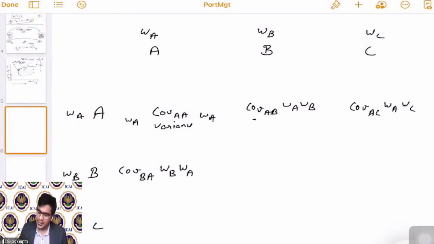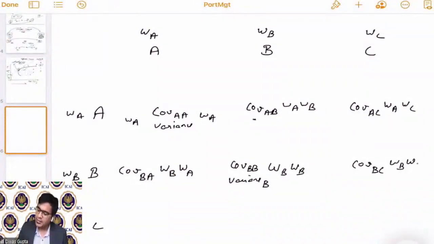And simply here also covariance of B and B, which means variance of B, correct? We can also write this as variance of B multiplied by weight B, and in the column also it is weight B. Now coming to the last part, B and C, this is covariance BC, weight B, weight C.